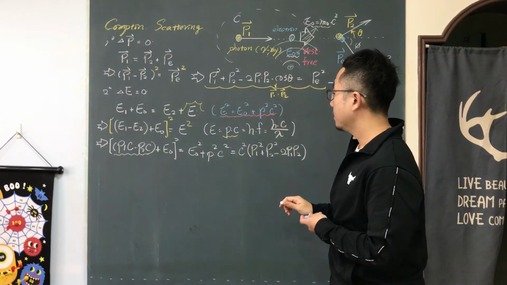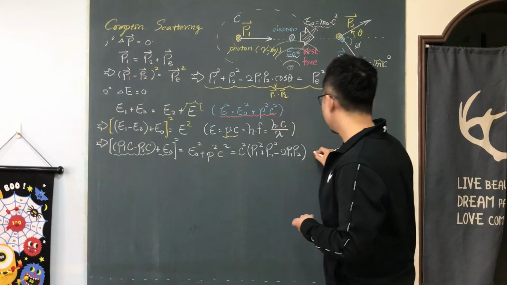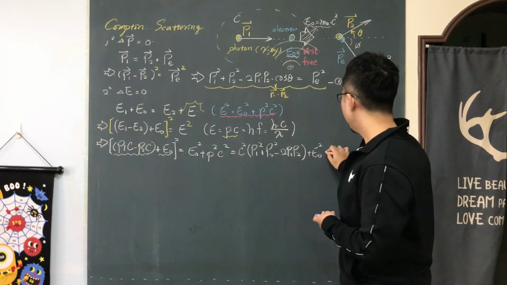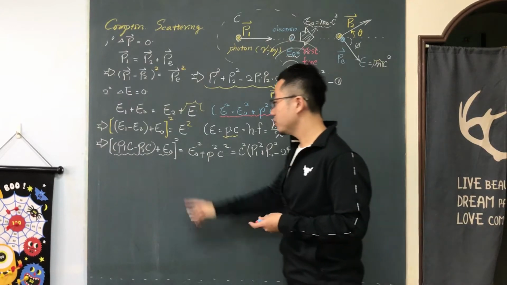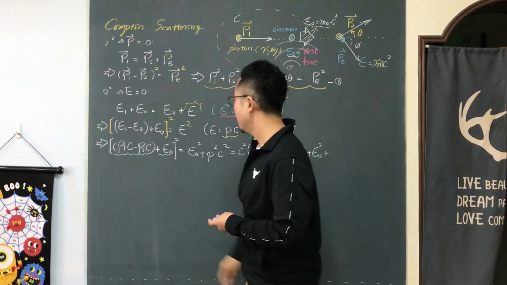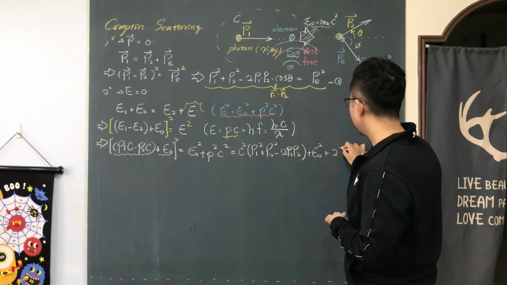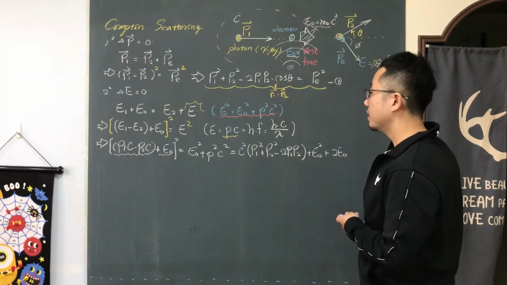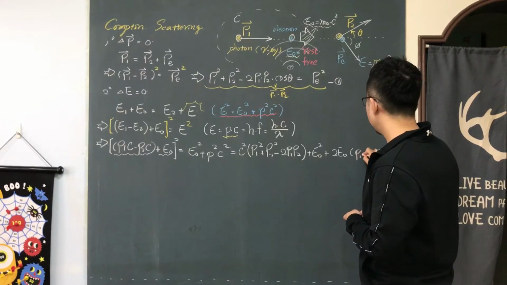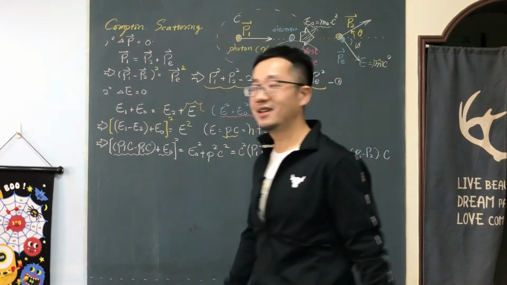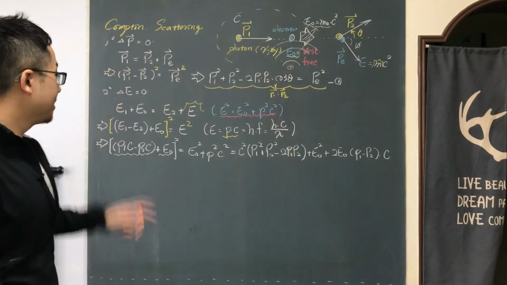The next step is you square the E naught, and plus 2AB, right? Plus 2 times E naught times P1 minus P2 times C. Let's check. It's so complicated.